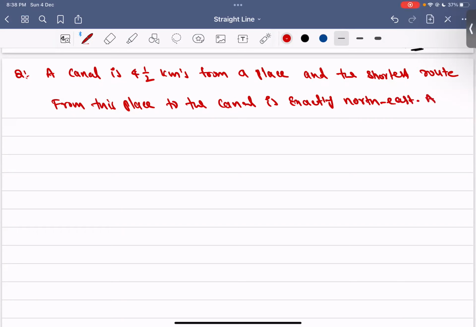A village is 3 kilometers north and 4 kilometers east from the place.